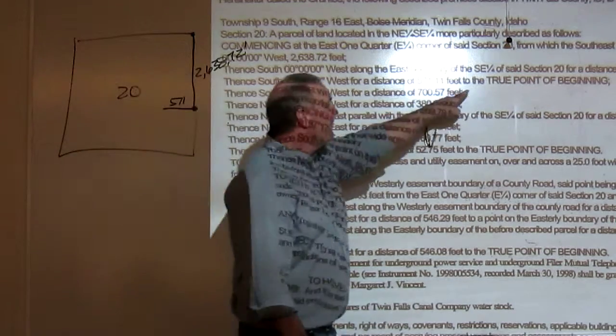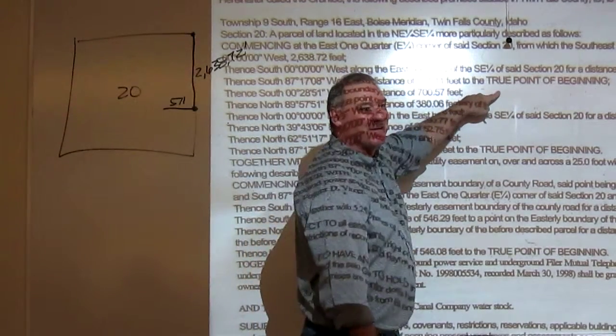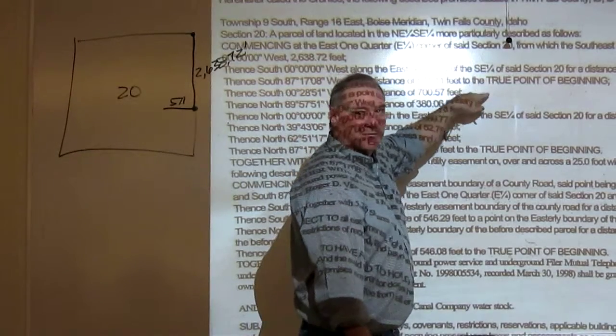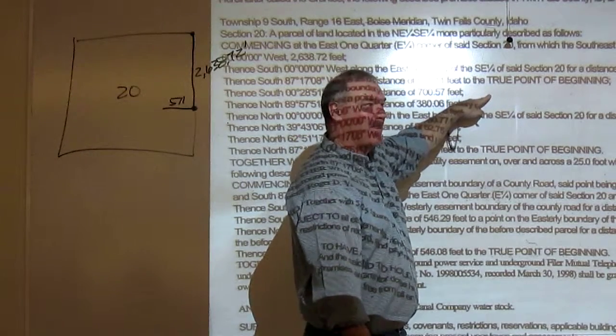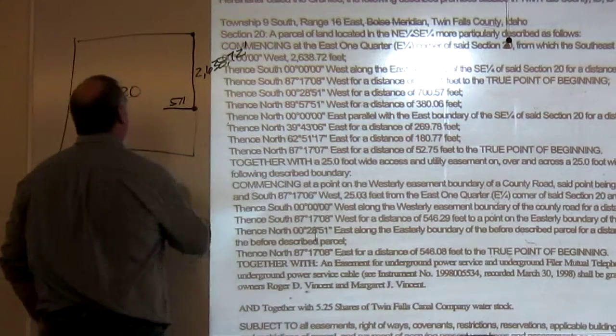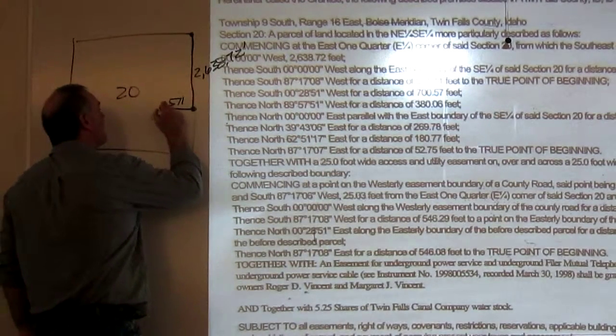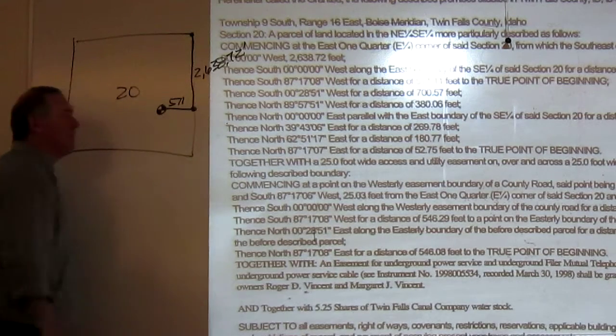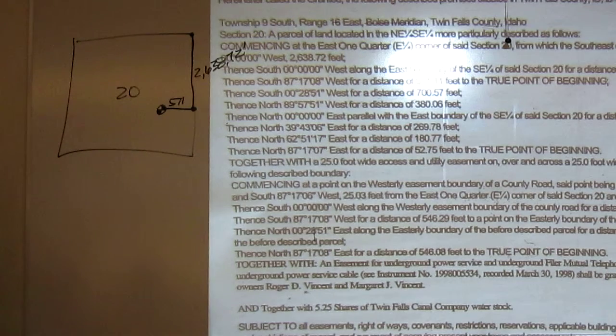And then they always look for this line right here, to the true point of beginning. This is where your property starts. Okay. So I'll put a property marker right there. Okay. That's where the property actually starts.